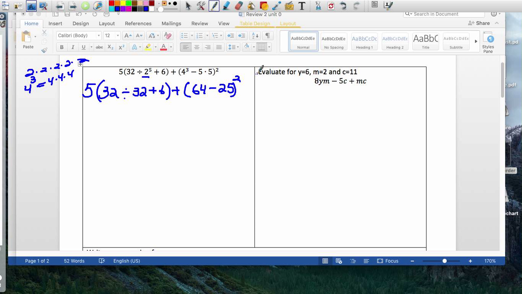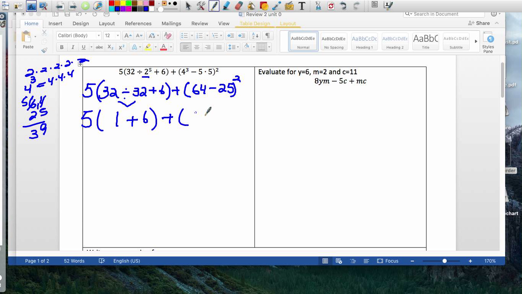Right? So, again, let's see what I can do here. I can do 32 divided by 32, and that's just 1, which I'm then going to add to 6. Plus, on this one, 64 minus 25. Let's see what that looks like. 64 minus 25 is 39.